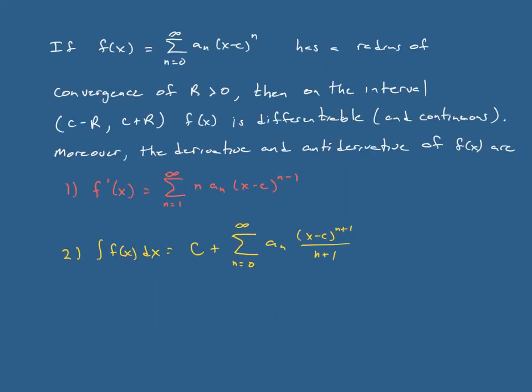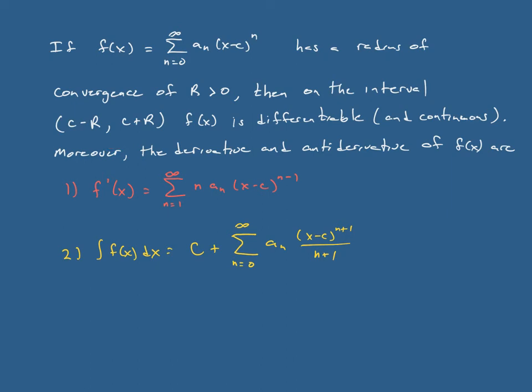All right, so one of the things you have to keep in mind, f of x is a function, okay? It's a function that is also equal to this power series. It has a radius of convergence of r greater than 0. If it does have that, then there's an interval of convergence, okay?